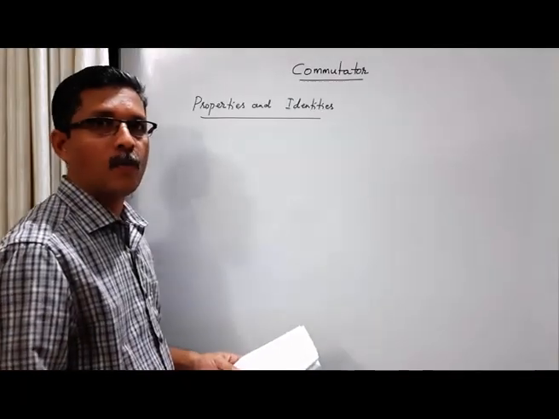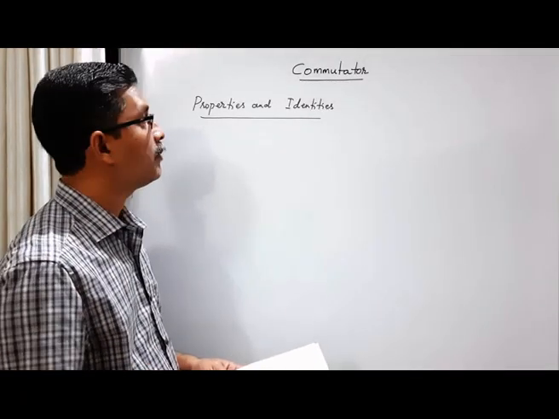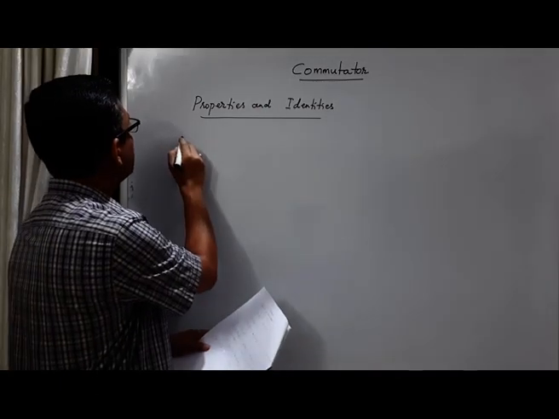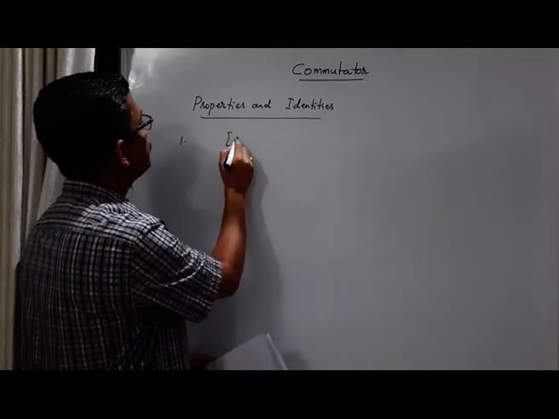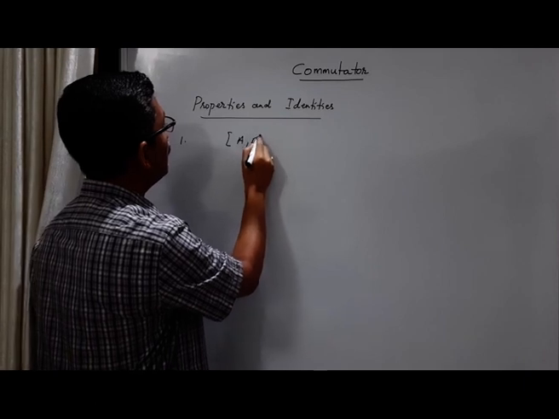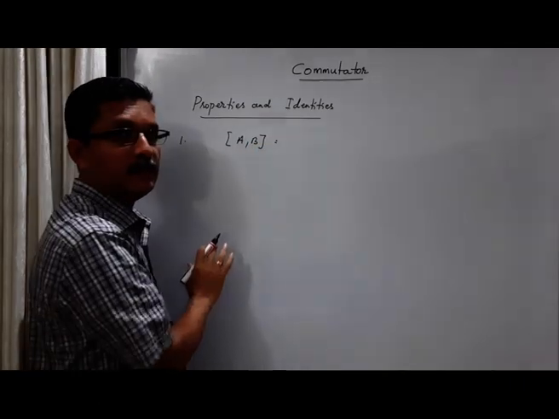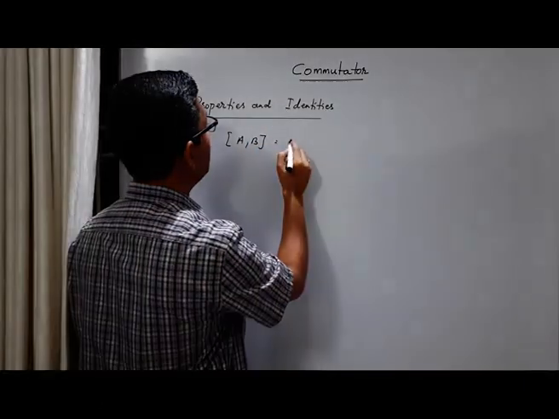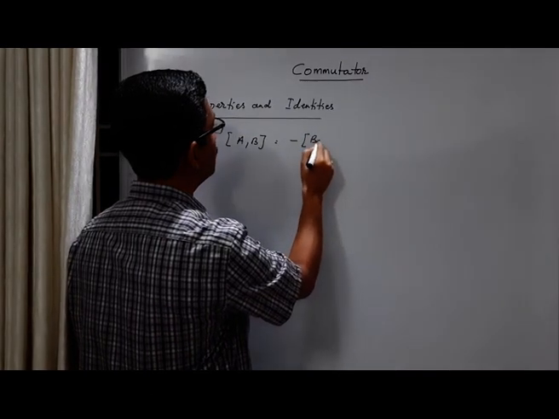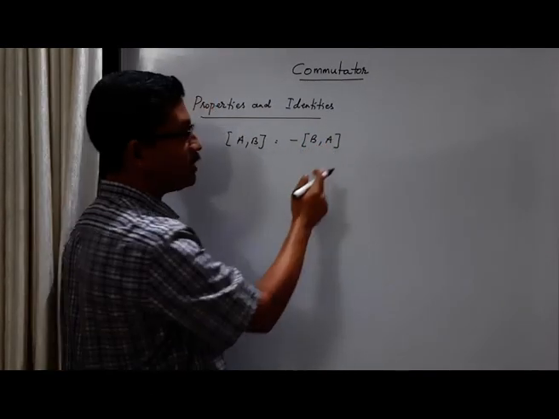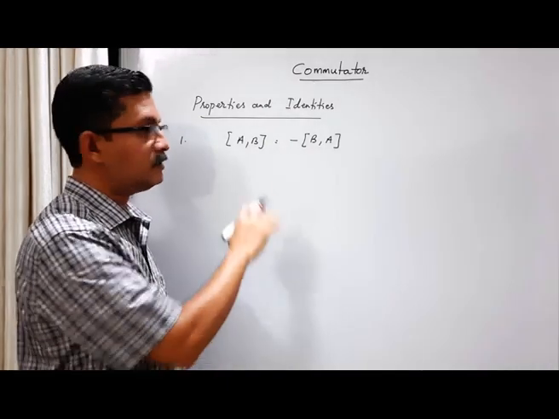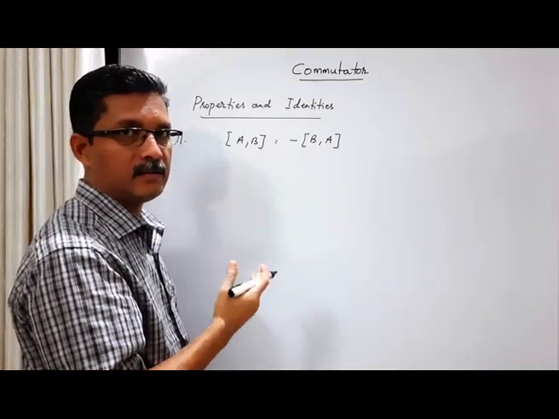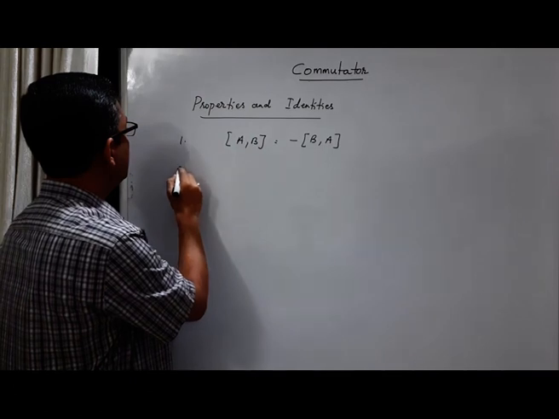Let's consider some properties and identities of the commutator. One is that the commutator between two operators A and B is equal to minus the commutator of B and A. If we change the order, there is a minus sign. This can be directly seen by inspection.